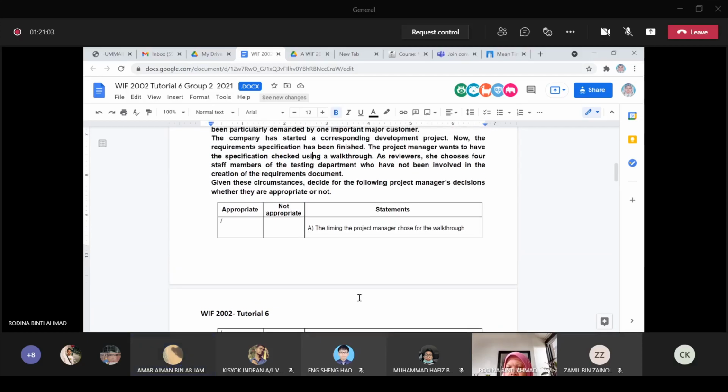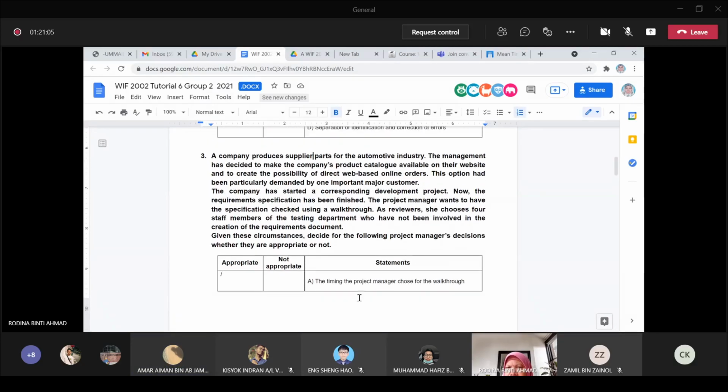Yeah, I will agree with you. Another reason is that this is based on web-based online orders, so it's not a safety system or critical system, like a banking system. For those, of course, you need a more proper review, like an inspection, to ensure there is no mistake at all.